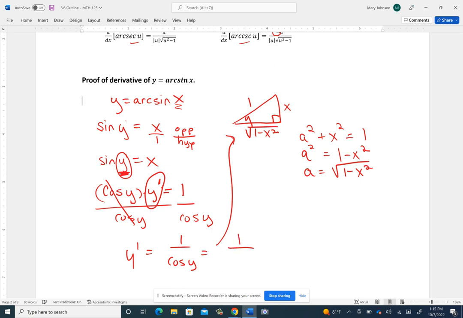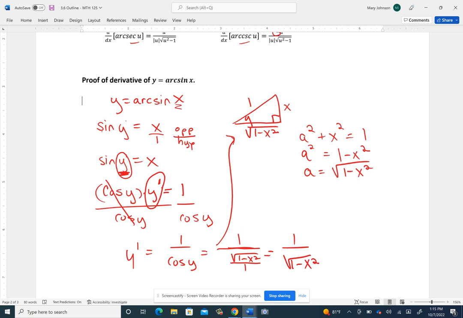Cosine is adjacent over hypotenuse. So the adjacent side would be the square root of 1 minus x squared over the hypotenuse, which would be 1. So that would just be 1 over the square root of 1 minus x squared.